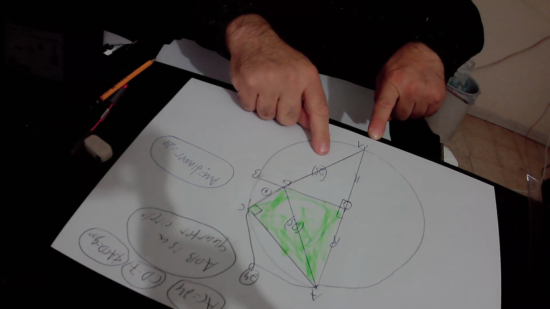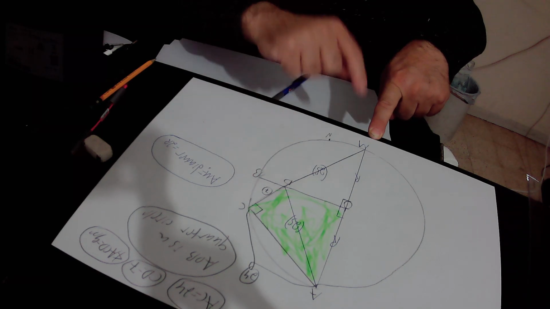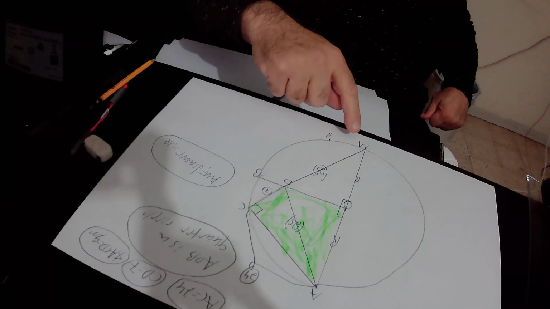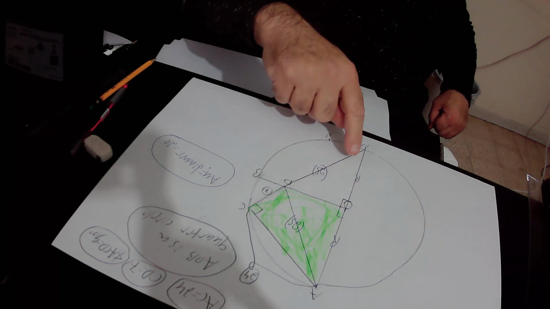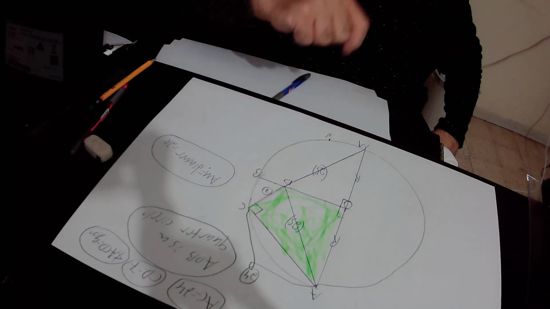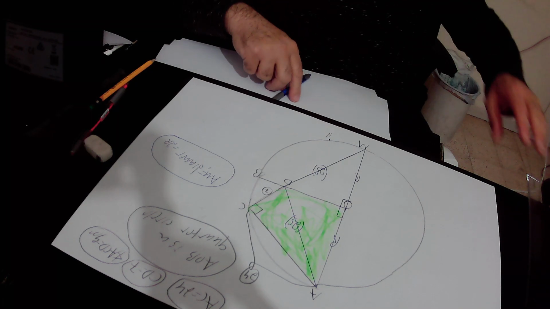CD is 7 and DM is 25, so 25 plus 7 is 32. So CM equals 32, AC equals 24, and AM is the diameter of the circle that is equal to 2R. So I copy the right triangle ACM, and in this right triangle ACM we implement the Pythagoras theorem.